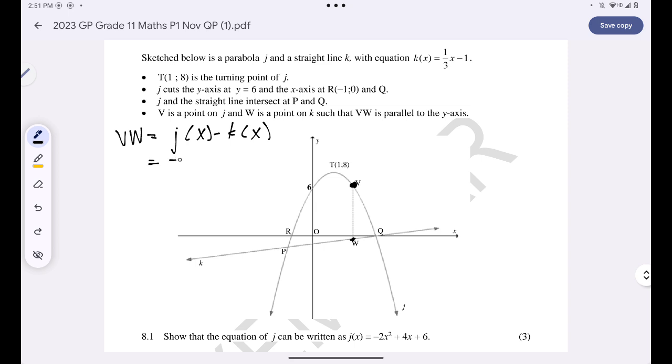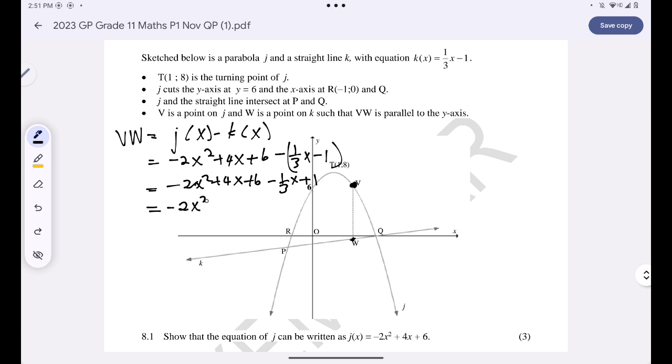The top graph is simply -2x squared plus 4x plus 6, minus 1 over 3x plus 1.